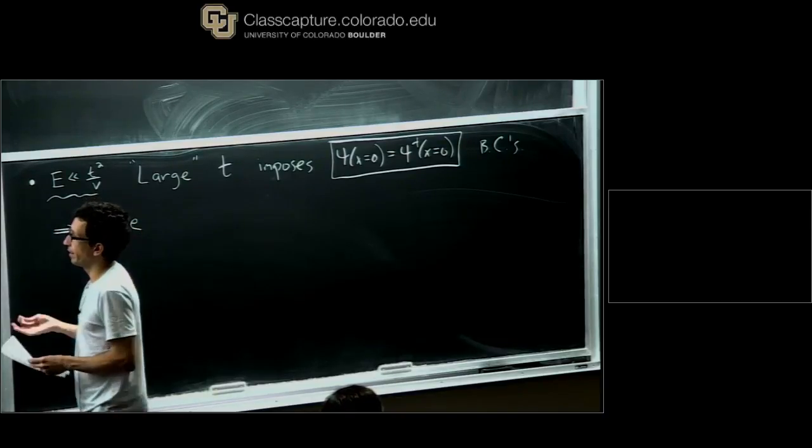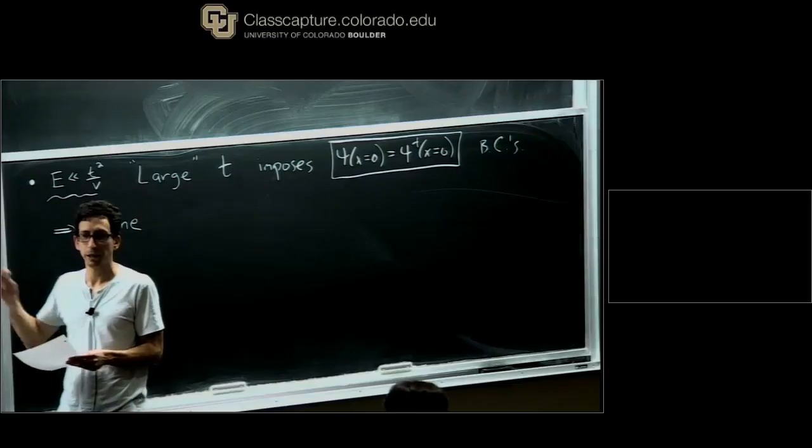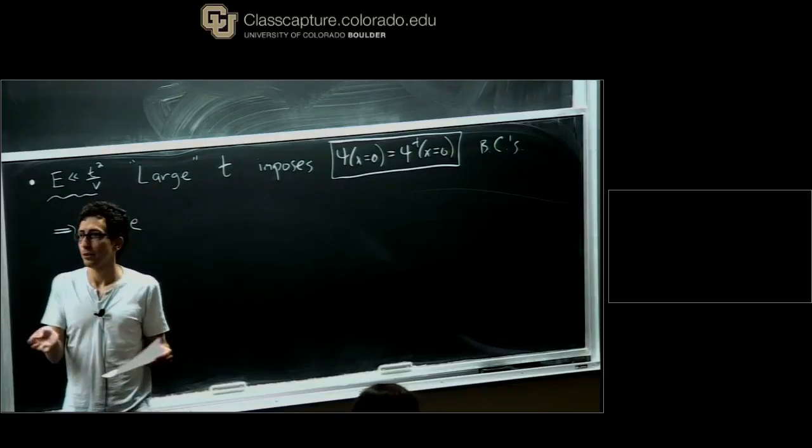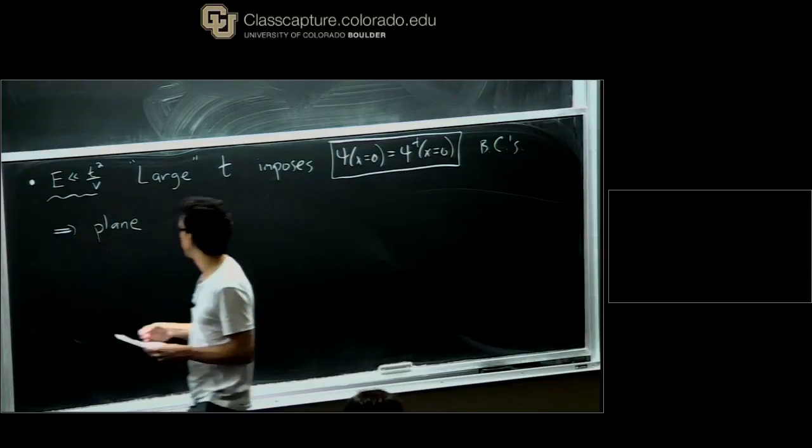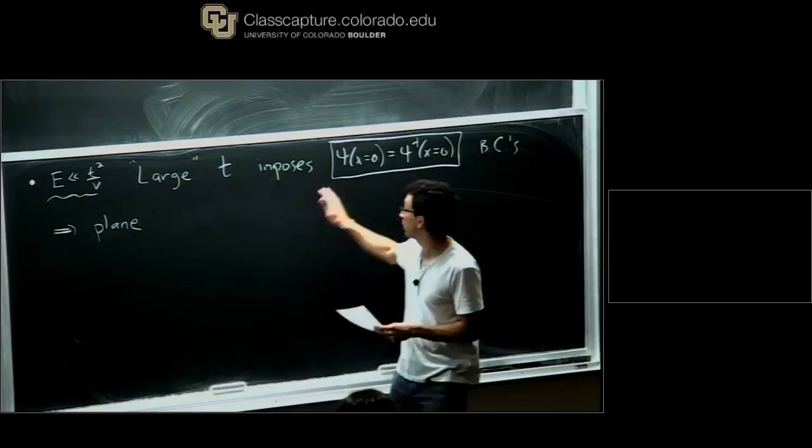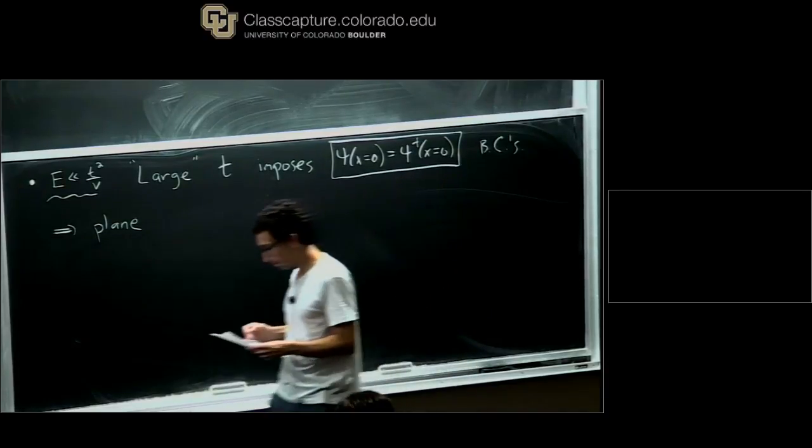And we know once again that the eigenstates have to be plane wave-like, because away from x equals 0, the solutions are just plane waves, and we just have to match up those plane waves appropriately to satisfy that boundary condition.